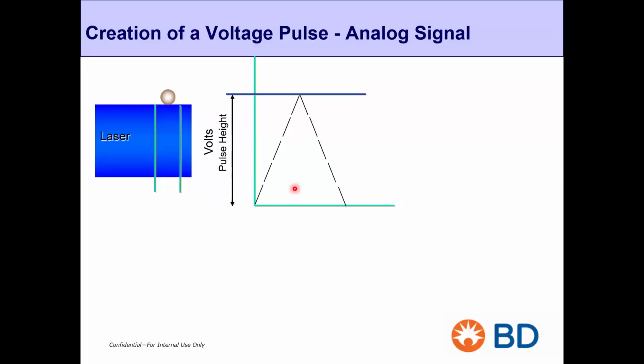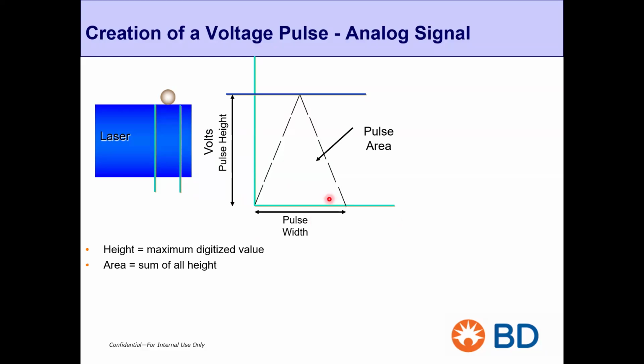Basically they are using simple math there. You get a voltage height or pulse height, a pulse width, and a pulse area. Generally we get the pulse height and pulse area, and through that they calculate the pulse width using a mathematical calculation: width is equal to area divided by height.